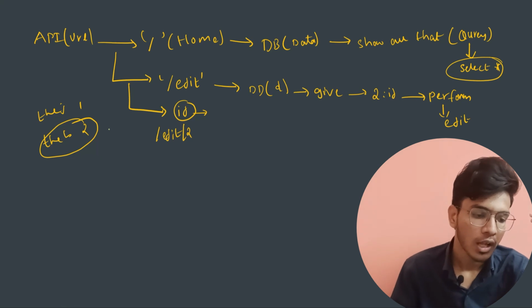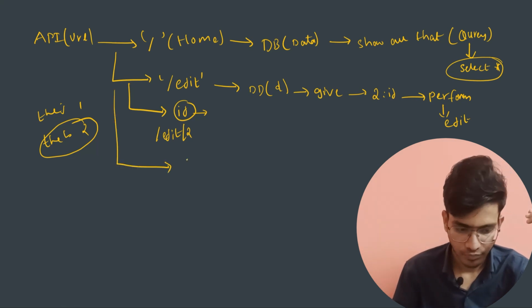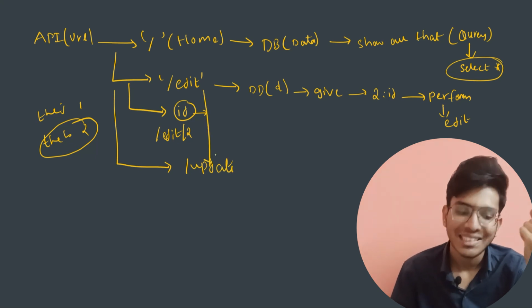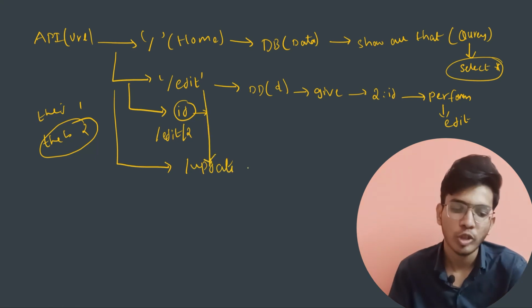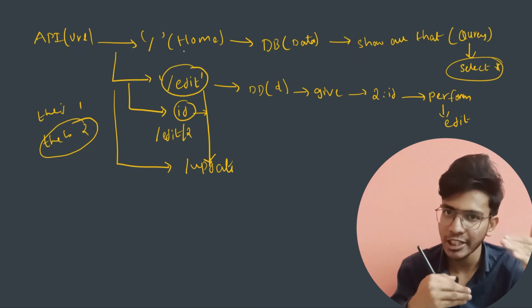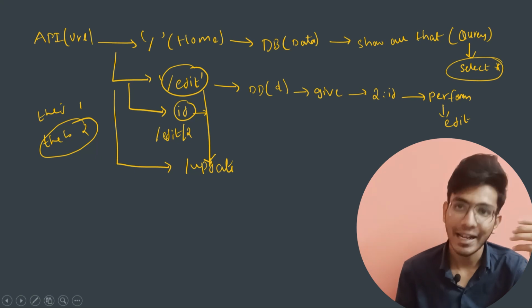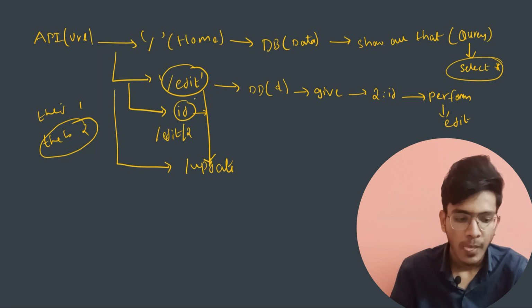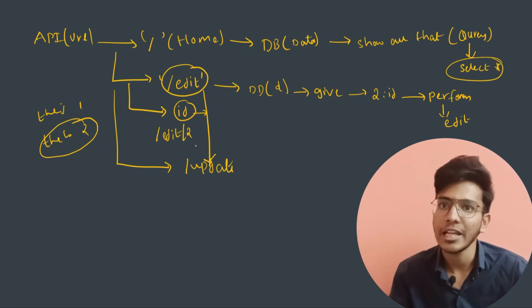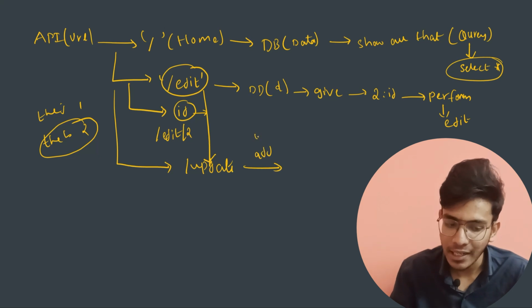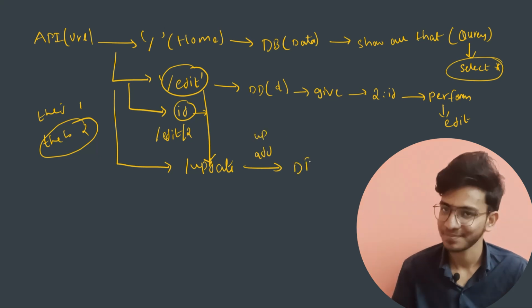Okay, now after performing edit, I will update the data. So this will go into my /update API. When I click on update in my edit button, in my edit page, I will be having an update button. When I click on update, I will go to the /update API, and this will add the updated data into my database.